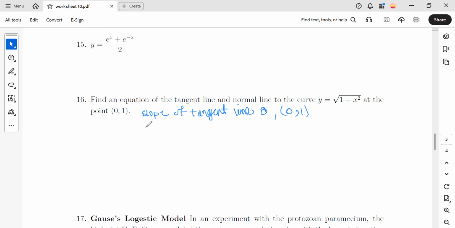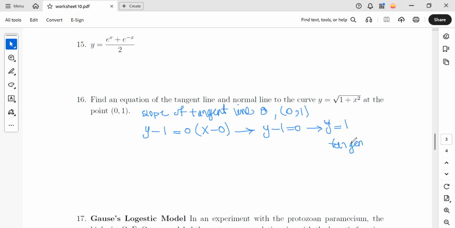Using the formula, we would write it as y minus y sub 1, here is 1, equals m, which is 0, times x minus 0. If we simplify, we would get y minus 1 equals 0, and it will be y equals 1 as the tangent line.